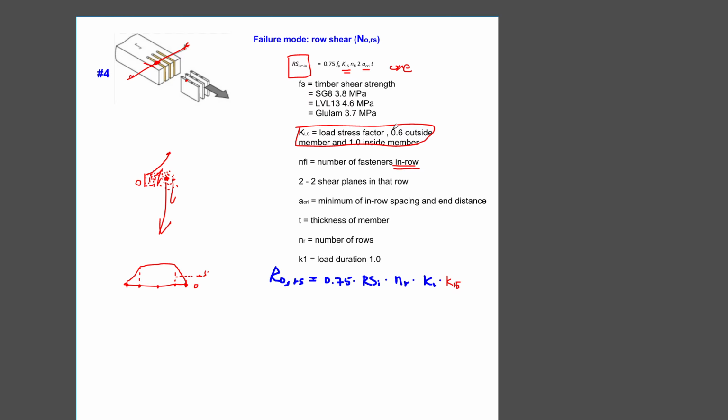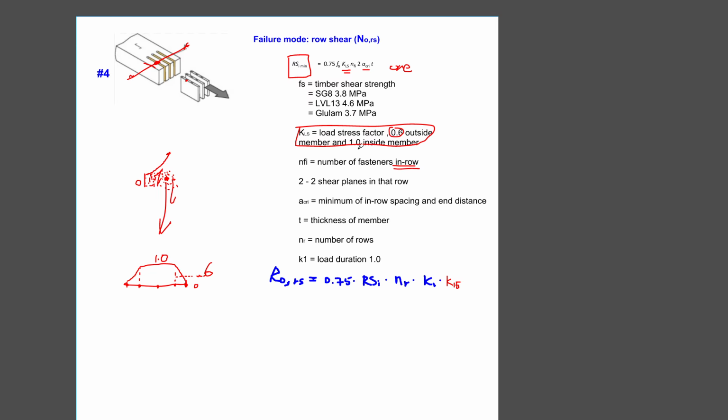But the code says I'm going to take a conservative approach. I'm going to use 0.6 because this is conservative. So in this case, KLS is 0.6 on the outside. That's where the 0.6 came from. Internally, because you've already got very high stress concentrations at each location of the dowels in the rows, the code is saying I'm not allowing any stress reduction at internal spots.